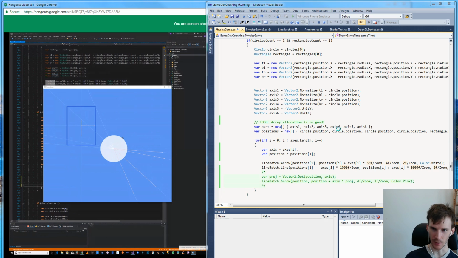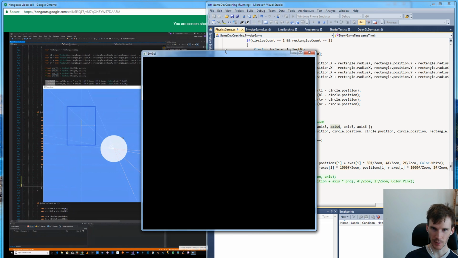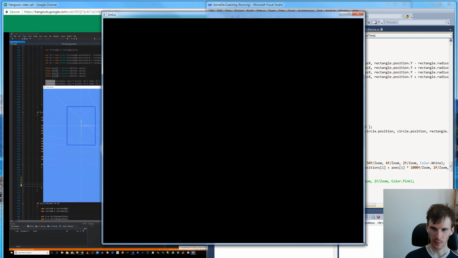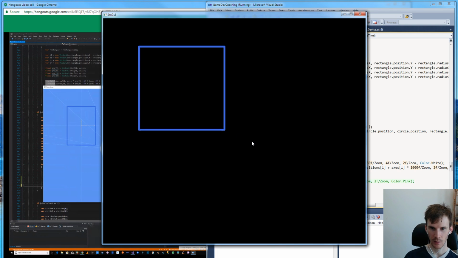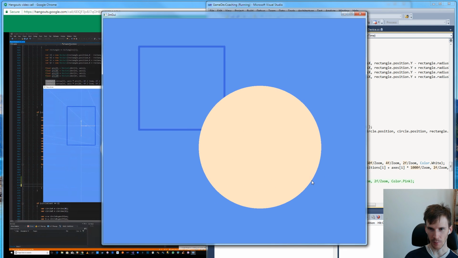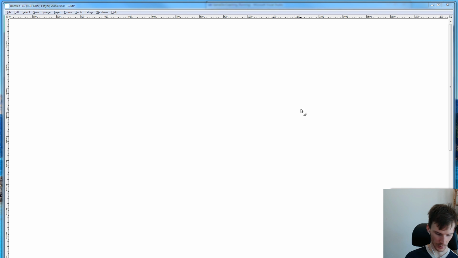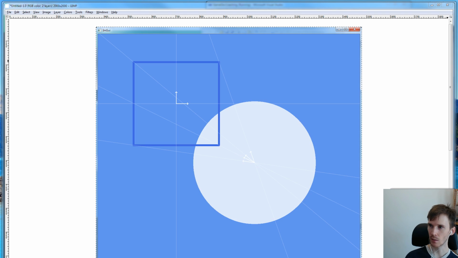Let's comment that out. Which axes are we trying to draw? An axis between these two shapes and then project our 6 directions onto it. Let me draw something out. So I'm going to take a screenshot of that and shove it over into the paint thing. And get this thing. Okay, so let's say we have an axis.